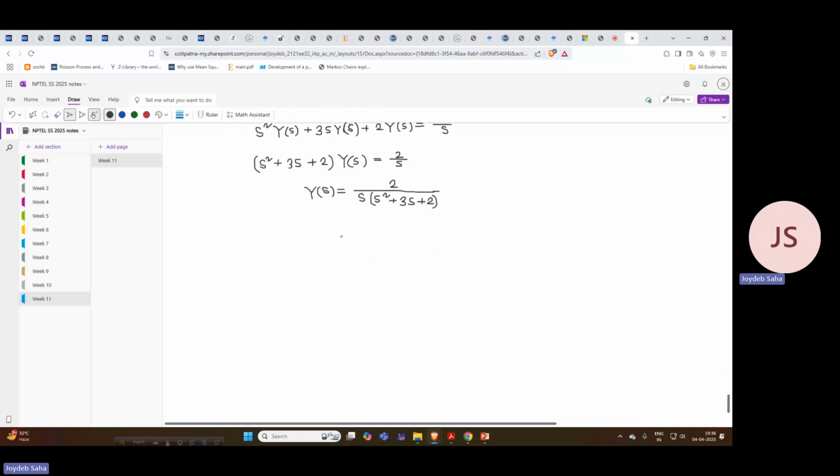Can we write it? Okay, Y is equal to 2 upon s into s plus 2 into s plus 1.